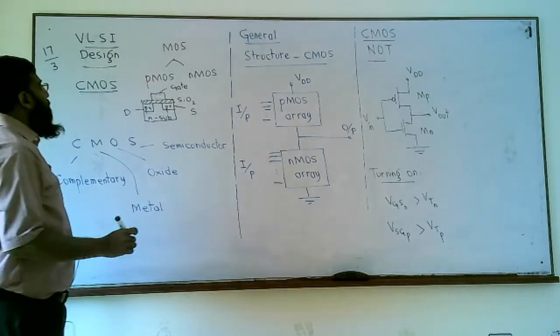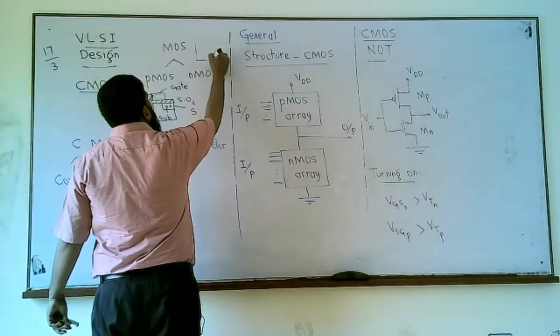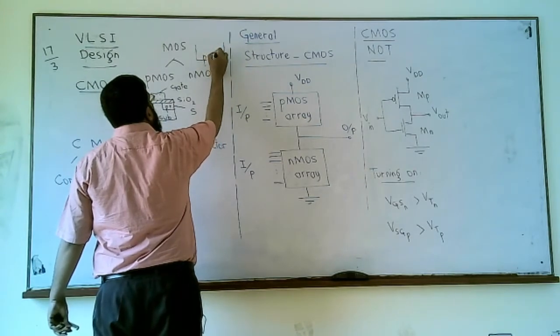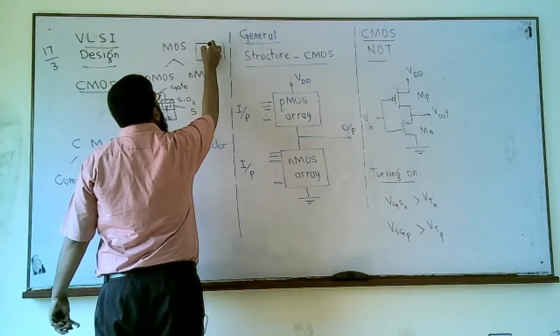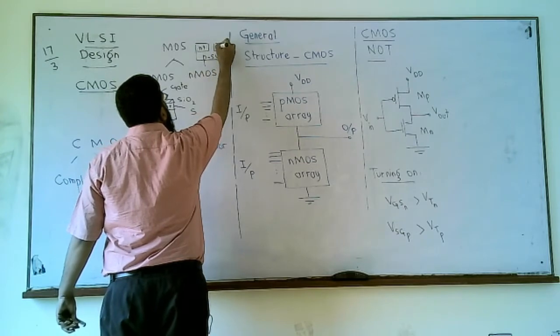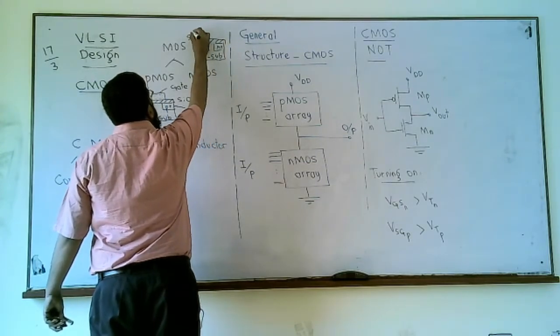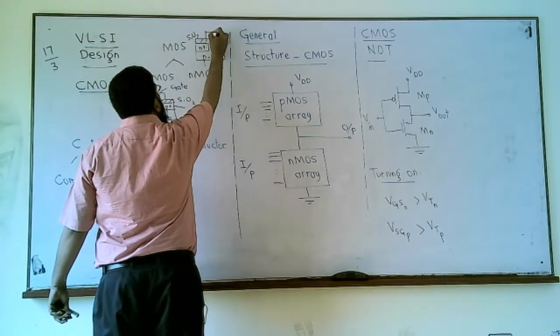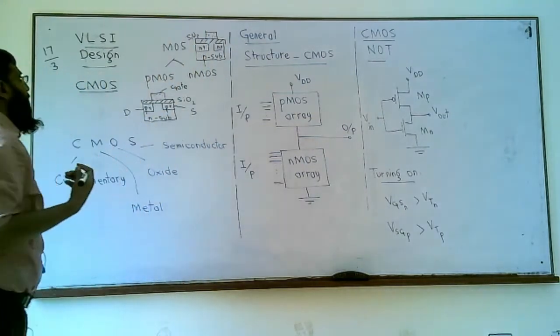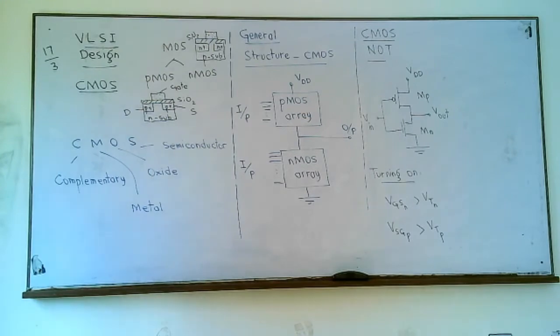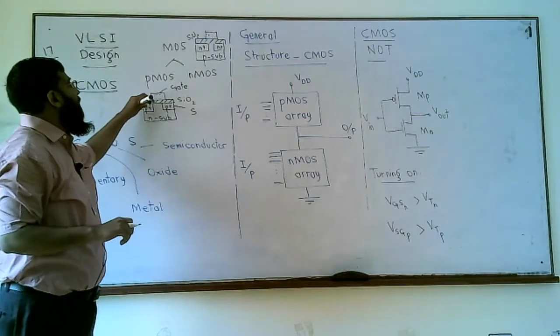design. Right, and for an nMOS we have a structure like this, that we have P substrate and we have N plus, a silicon dioxide layer and a gate which we call as poly. So these two transistors are MOS, metal oxide semiconductor.